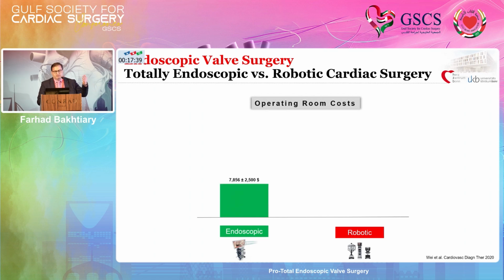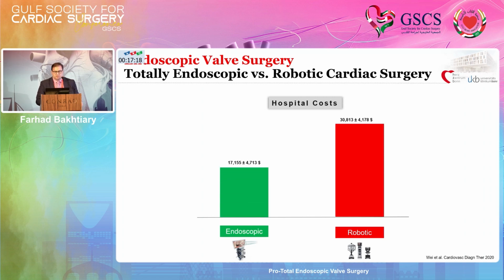And we go then to operative room costs for all these disposable instruments, and there is a significant difference between the two approaches. So the cost for robotic surgery is very, very high compared to endoscopic surgery.